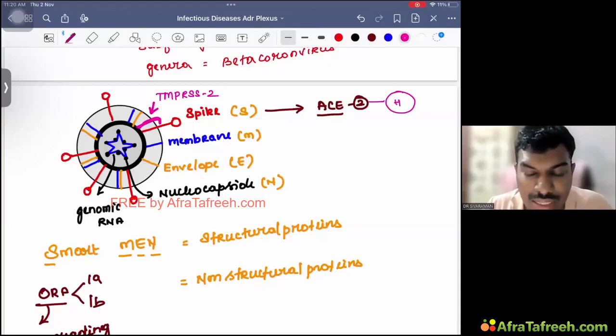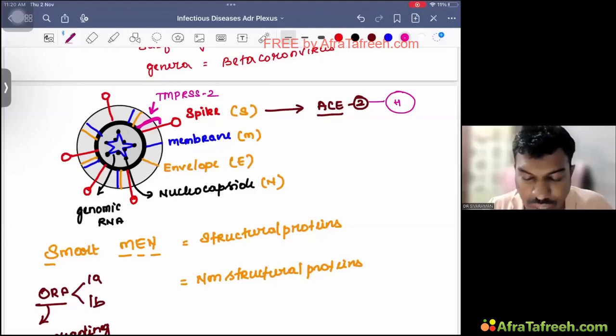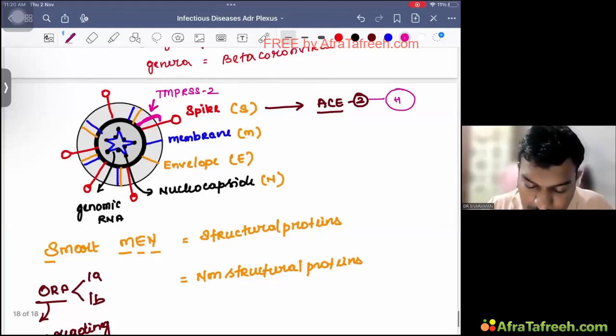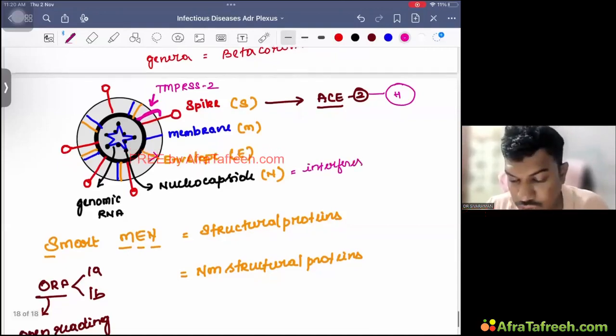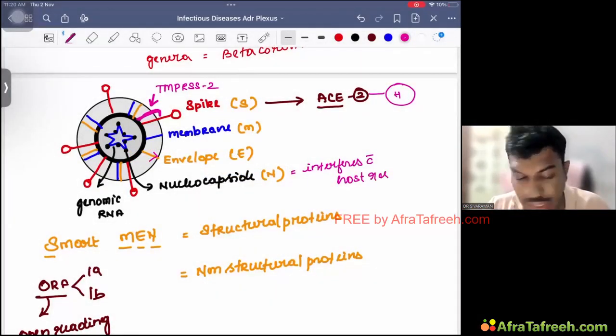Next is your membrane protein, which is very important. The third one is the envelope protein, also very important. And the last one is your nucleocapsid, which interferes with the host response mechanism.